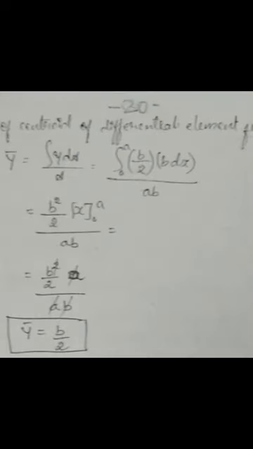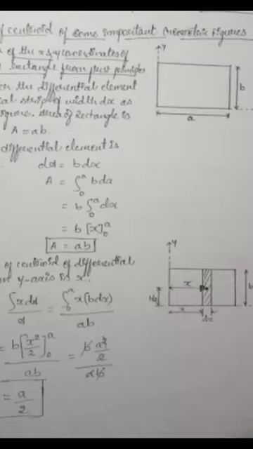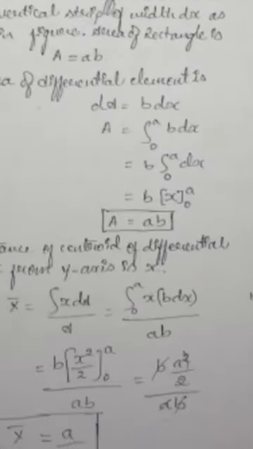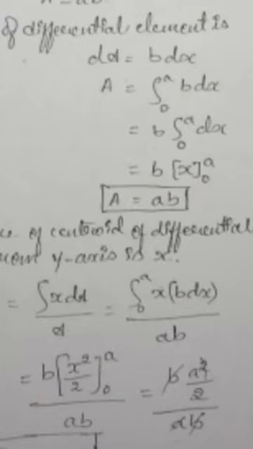That's why in the integration of y, in the place of y it is b by 2. Next, dA here is b into dx. Same as I used previously, dA is equal to b into dx. Area is equal to a into b.